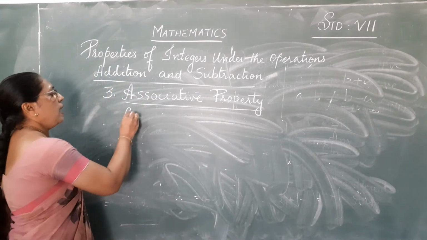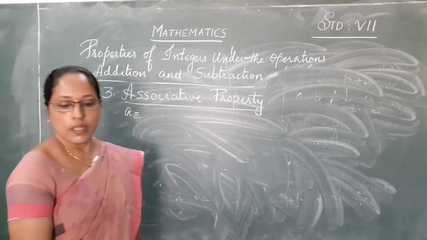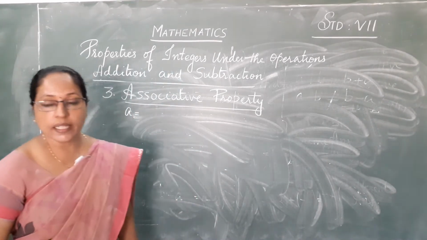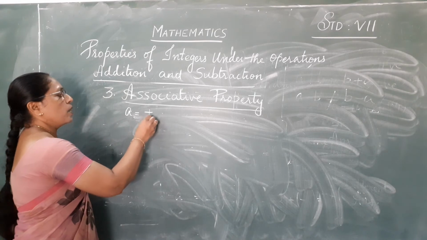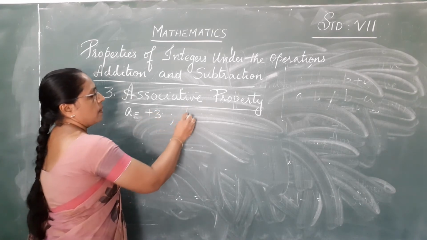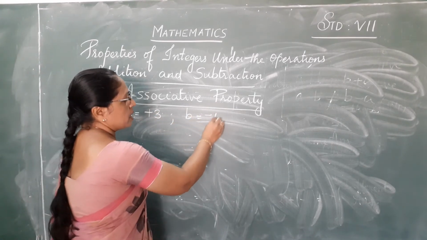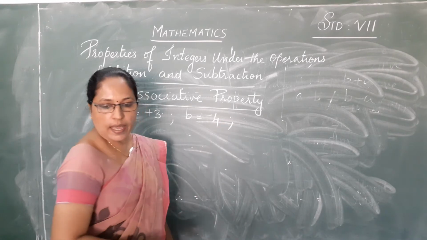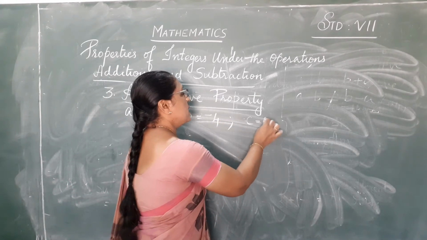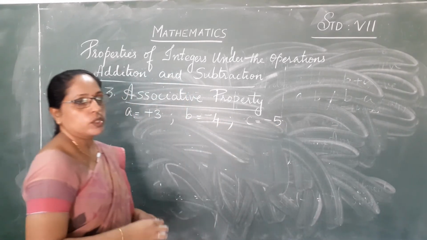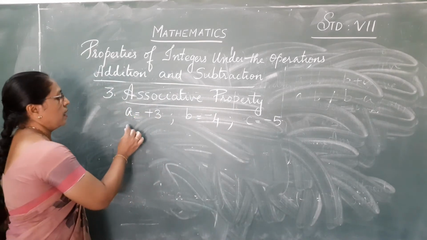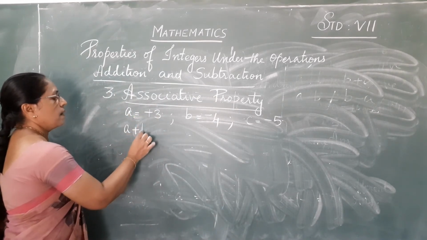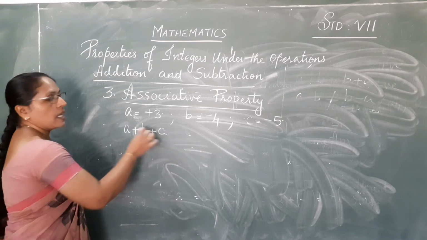So let's take a equal to positive 3, b equal to negative 4 and c equal to negative 5. So let's do the addition: a plus b plus c.